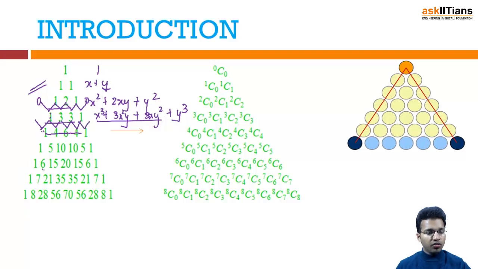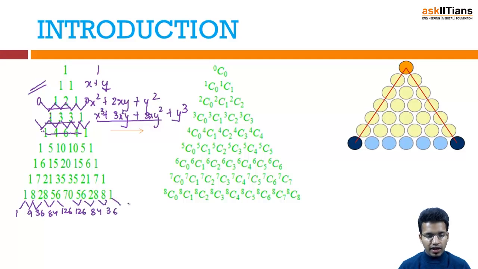So you will say that, okay, this was written. Again, if you want to derive the next one, it will be 1 here, 9 here, 36 here, then 84 here, 126, 126, 84, 36, and 9 and 1.